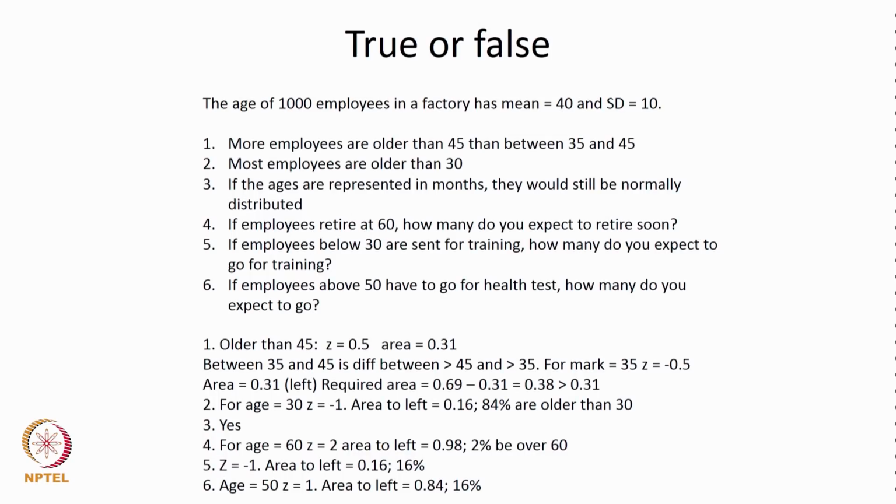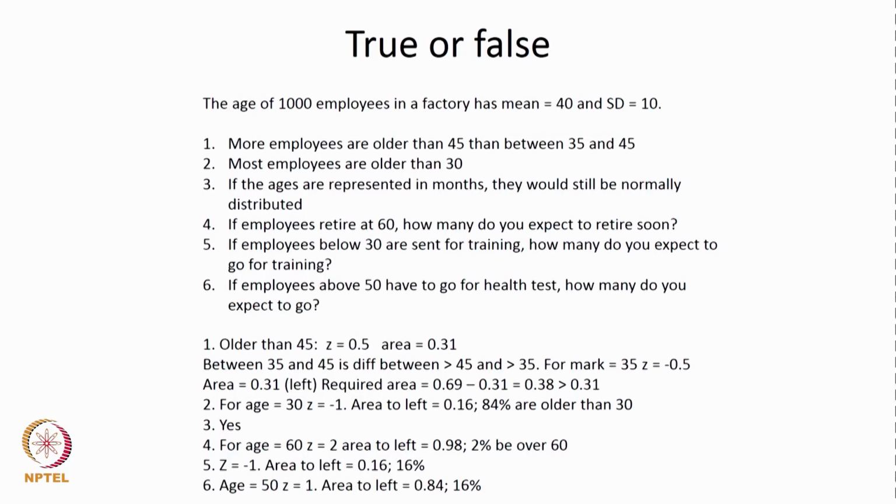So the probability of employees older than 45 is 0.31, and between 35 and 45 is the difference between z equal to 45 and z equal to 35. So z for 35 is minus 0.5. When z is minus 0.5, the area to the left of it is 0.31. Therefore, the required area is 0.69 minus 0.31, which is 0.38, which happens to be greater than 0.31.